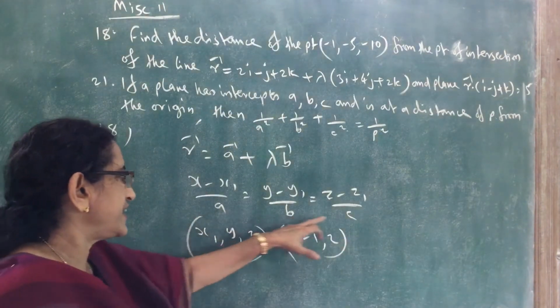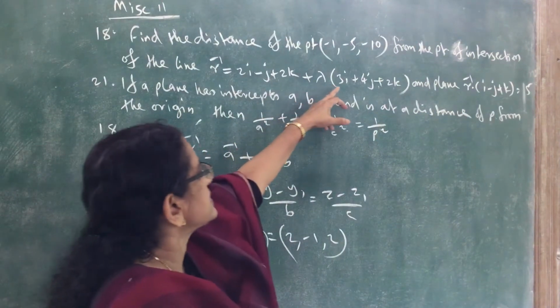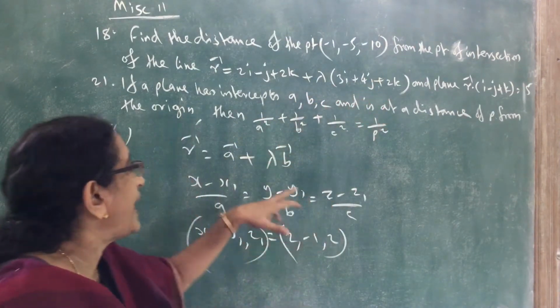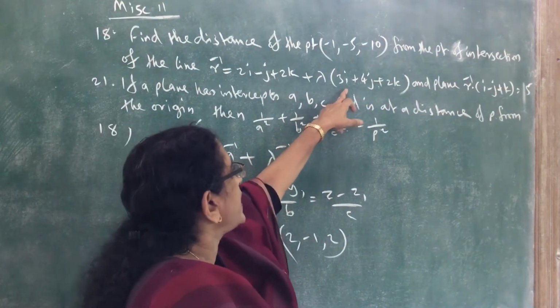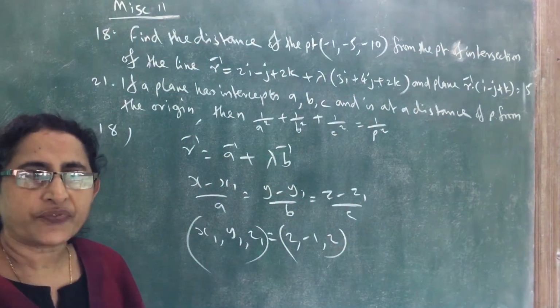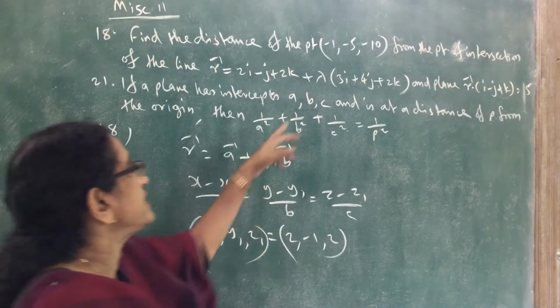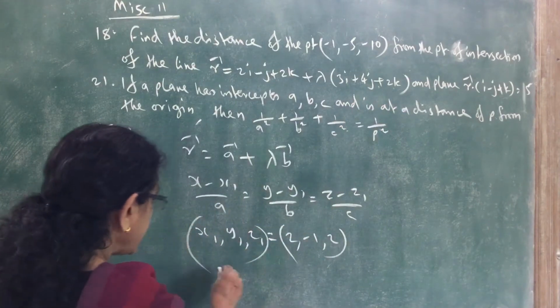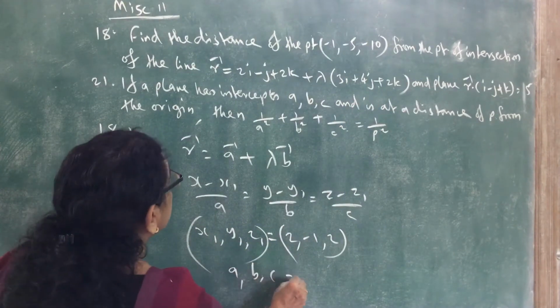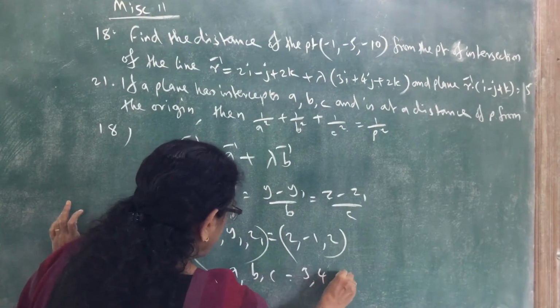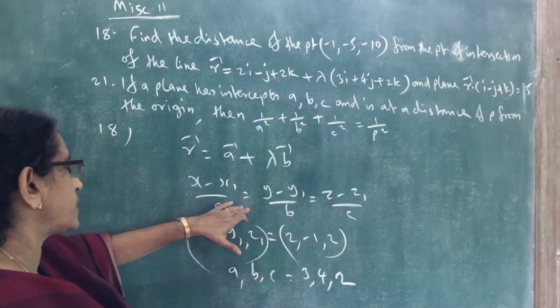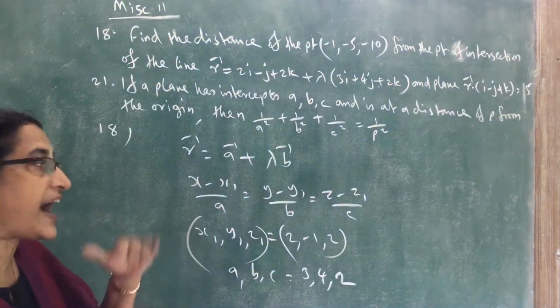Now a, b, c are the direction ratios of the line. Here this is the direction vector, vector b, the parallel vector. Vector b is 3i plus 4j plus 2k. So from that we get the direction ratios of the line, that is 3, 4, 2. So a, b, c are 3, 4, 2. We can substitute this in the equation and get the equation of the line in Cartesian form.